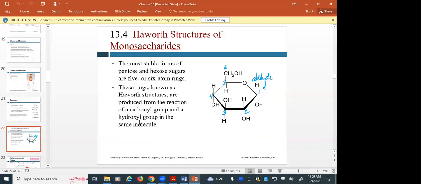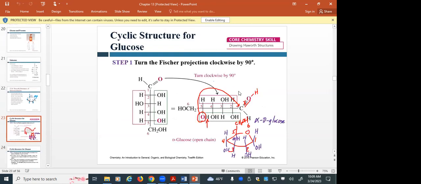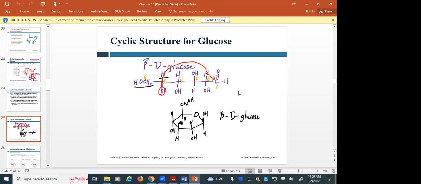When we're evaluating alpha versus beta, we are looking at the carbon that is adjacent to that oxygen in the ring. So the one carbon. Alpha versus beta is an up versus down. The beta position is in the upper position. So this is beta D glucose here.